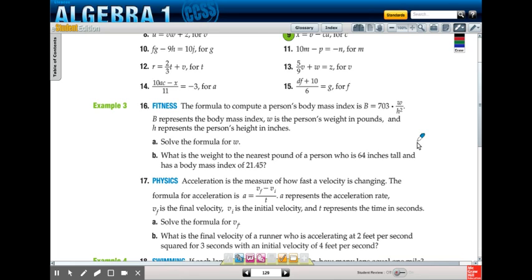You could multiply both sides by h squared because you have to get it off the bottom. If you're solving for w, you have to multiply both sides times h squared to get it off the bottom. But then you're going to have that w still over here, but you have to get rid of the 703. So I think I'm going to have h squared times b divided by 703. All right, that's how you got to do it. You got to solve it for that.